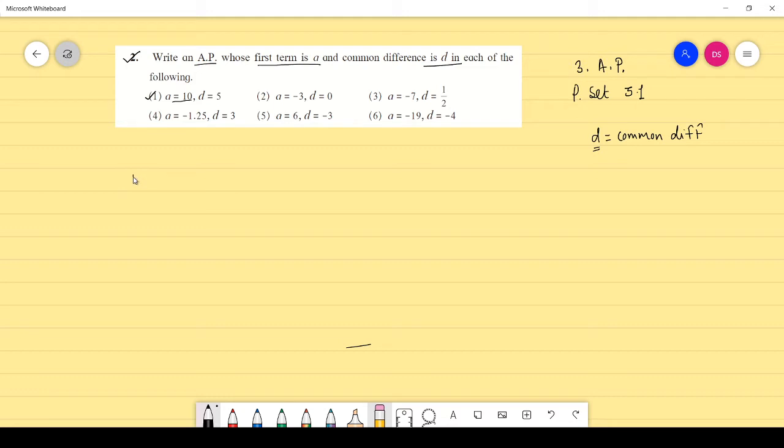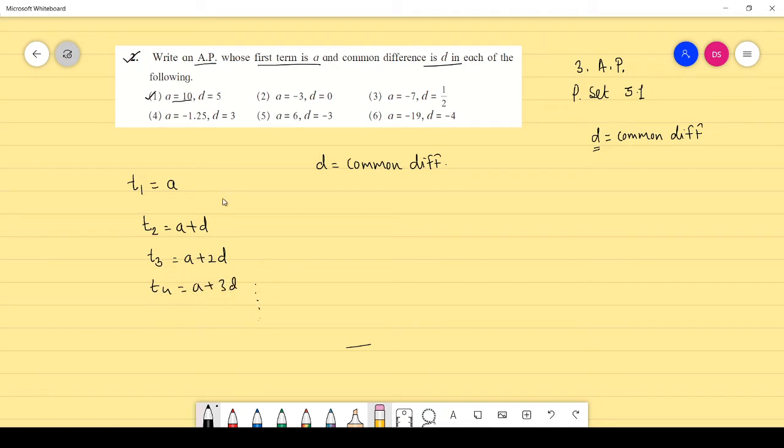We know that the first term T1 is nothing but A, the first term, denoted by the letter A. If D is the common difference, then T2 will be equal to A plus D, T3 will be equal to A plus twice D, T4 will be equal to A plus thrice D, and so on.